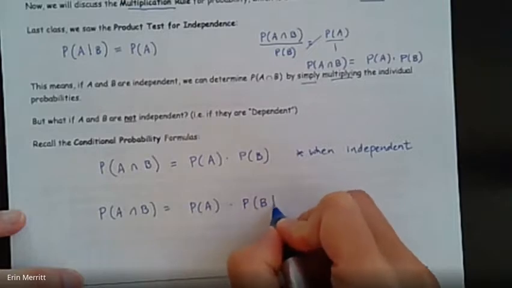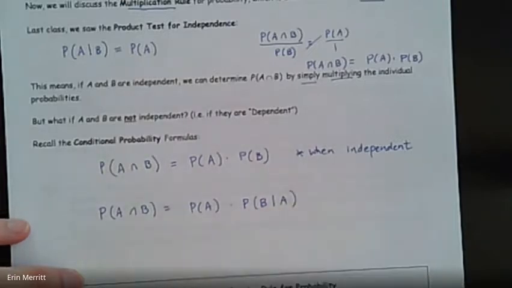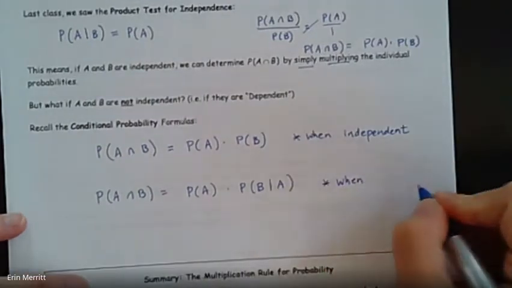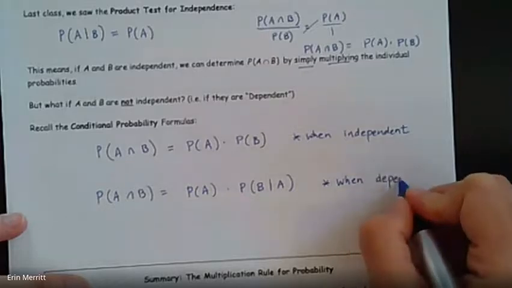What's the probability of B given that A has happened? But this is when the events are not independent, or they are dependent.